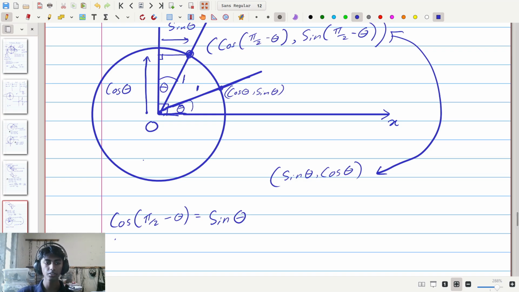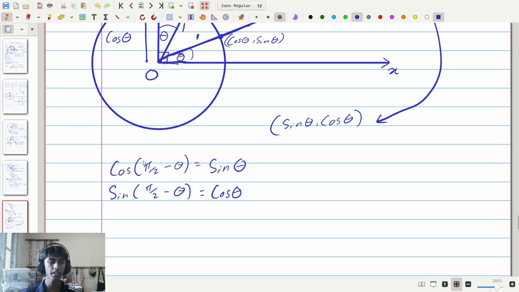Similarly, sine of pi by 2, 90 degrees minus theta is equal to cosine theta. Now isn't that interesting? If you take 90 minus theta, cos of 90 minus theta is sine theta and sine of 90 minus theta is cos theta. They've essentially swapped each other.